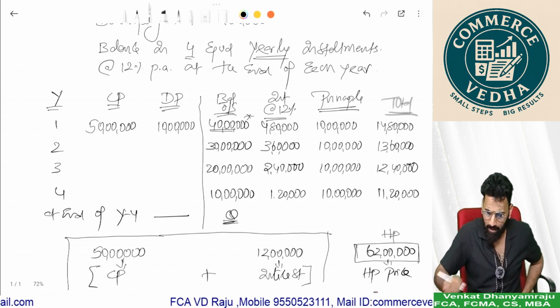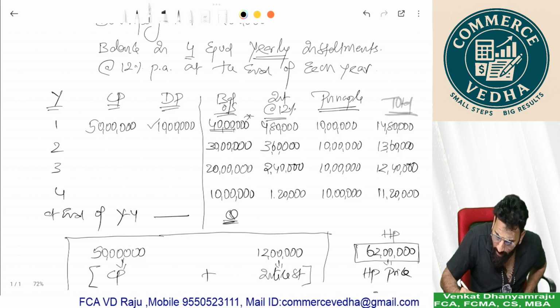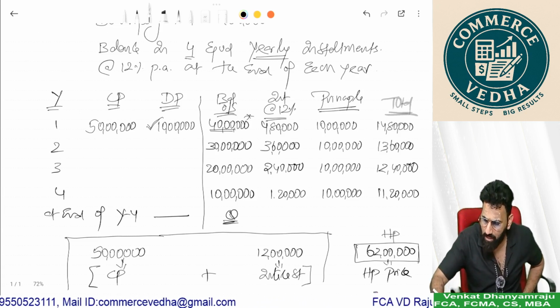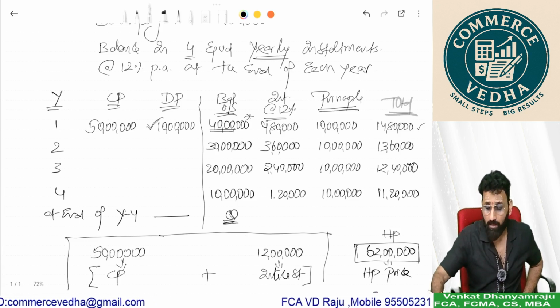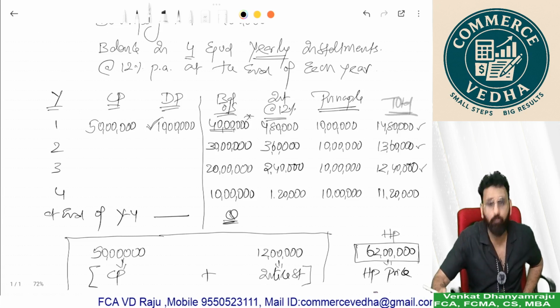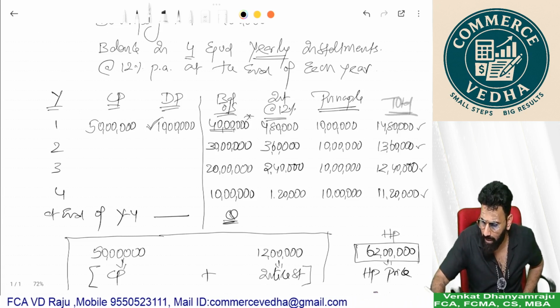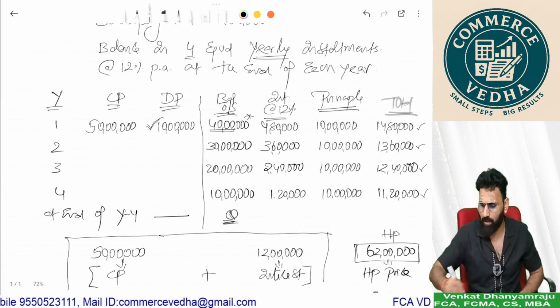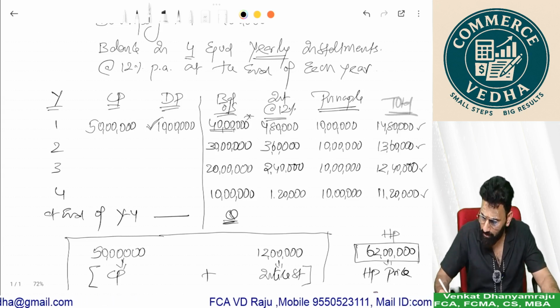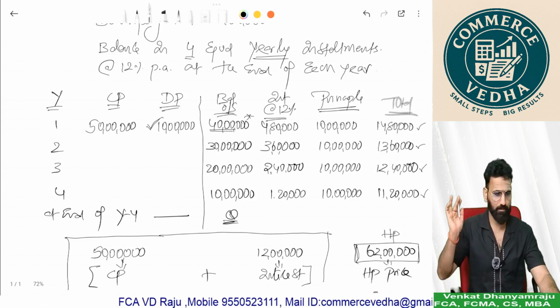How you paid it? Initially you paid 10 lakhs at the beginning of the transaction, and the first year you paid 1480, second year 1360, third year 1240, and fourth year 1120. Put together you paid 62 lakhs, which is the hire purchase price.